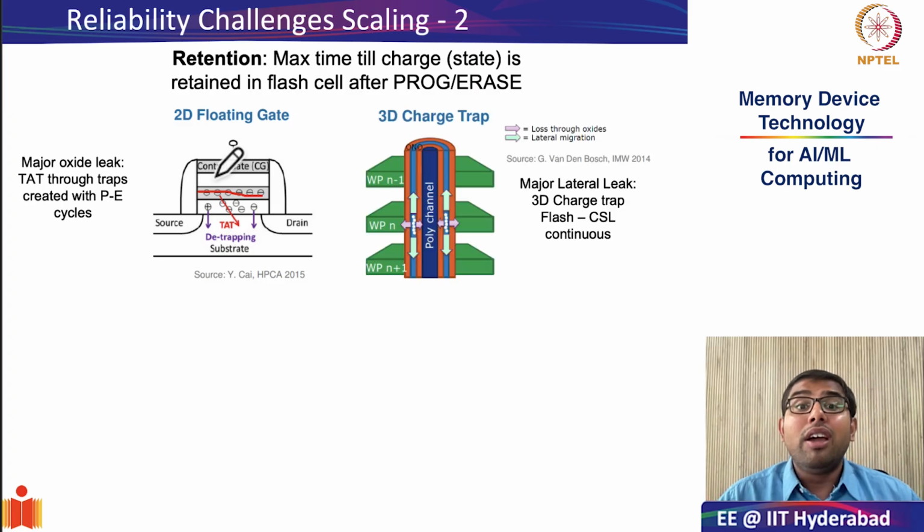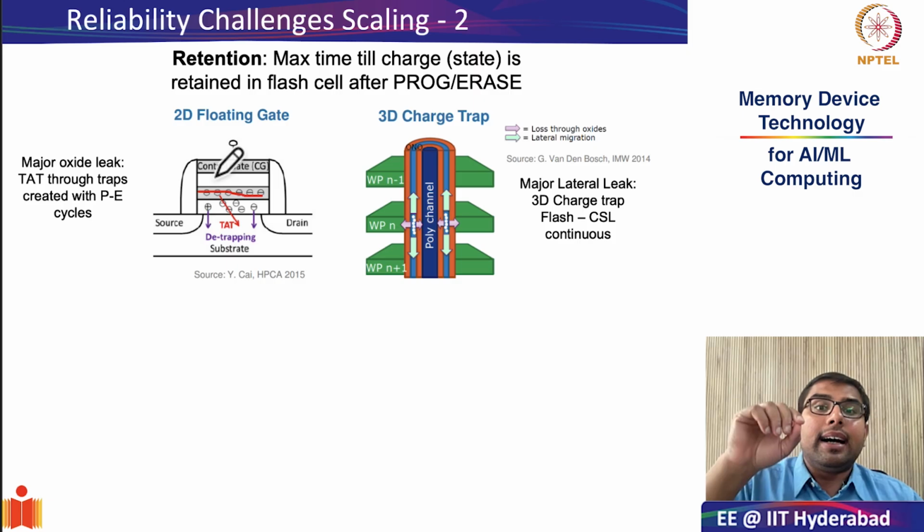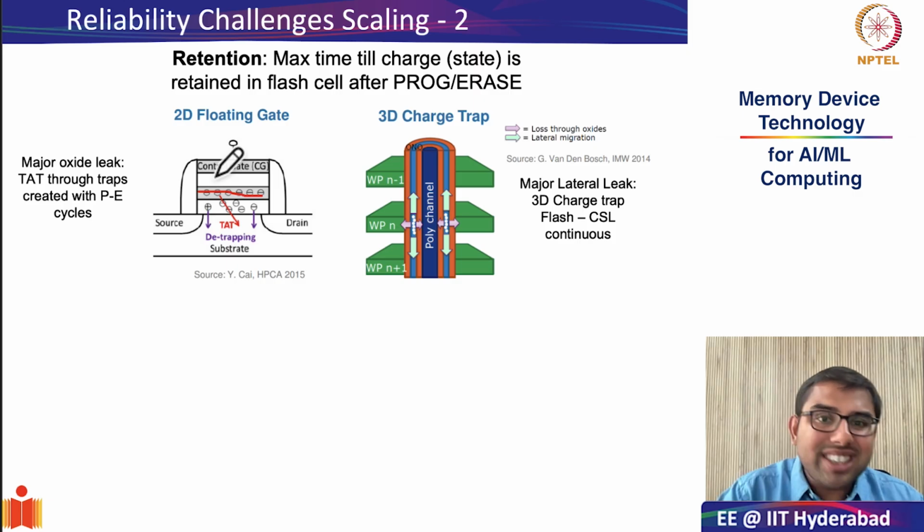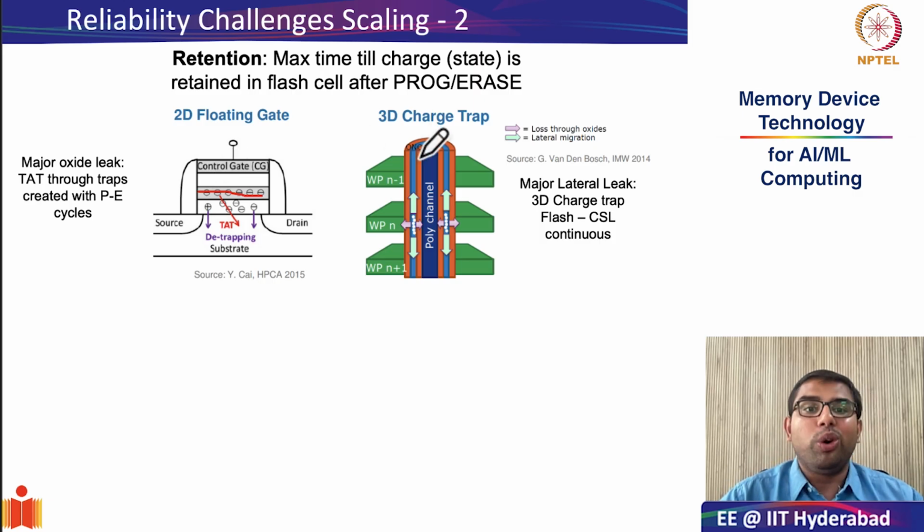However, the story for the 3D transistor is slightly different. In the 3D transistor, the storage layer is no longer the floating gate. It is your charge trapping layer. And as we will see very soon, the charge trapping layer is shared across different word lines.